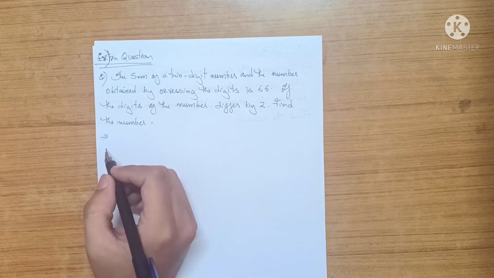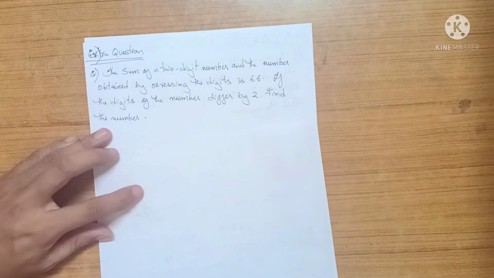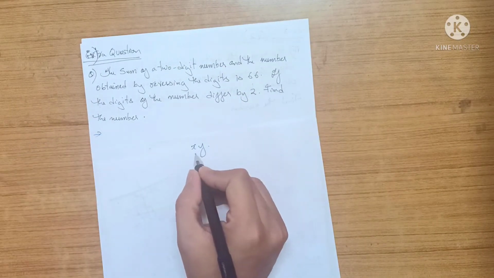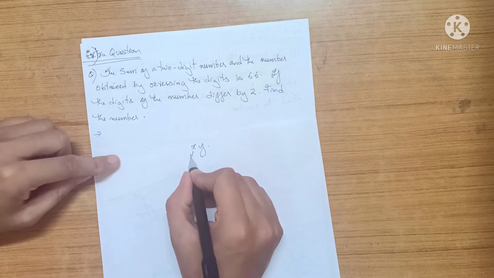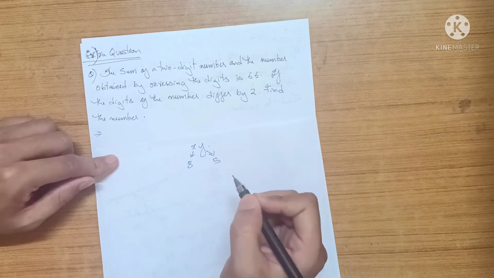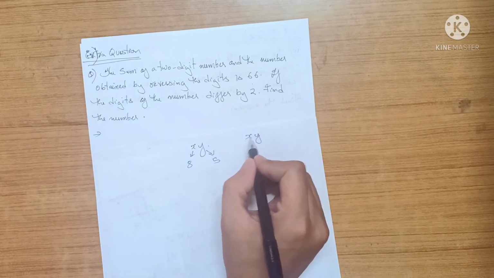When we talk about a two-digit number, the problem is that if I write xy, and x is, say, 8 and y is 5, then the sign between them is multiplication.